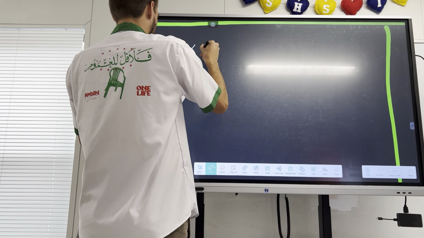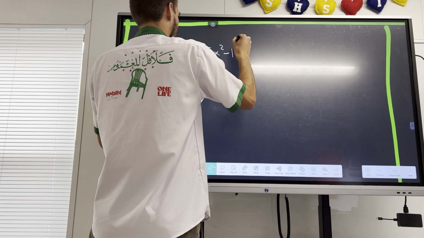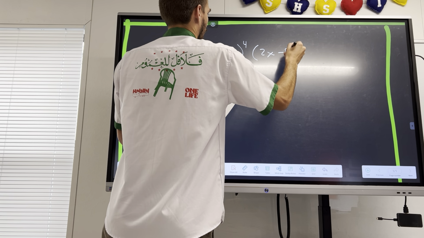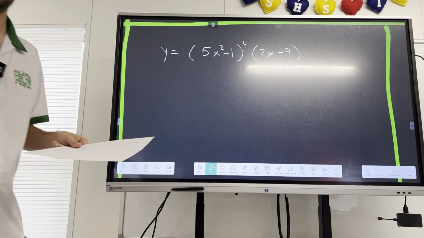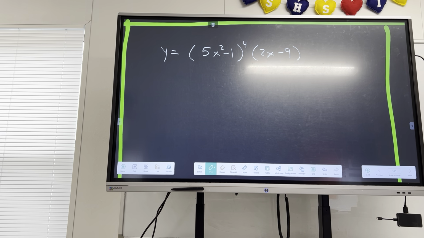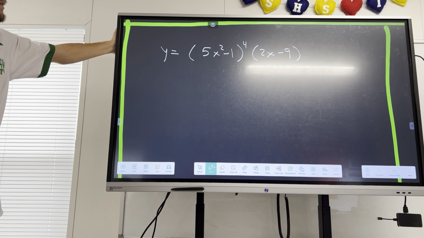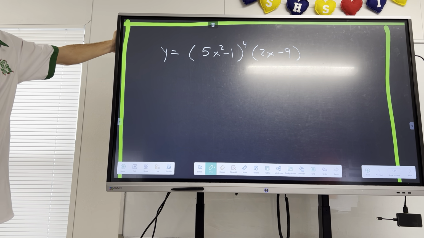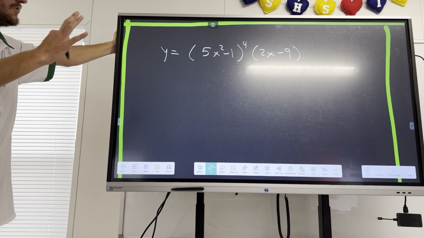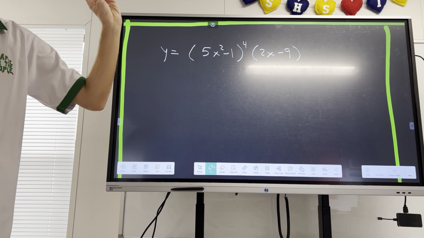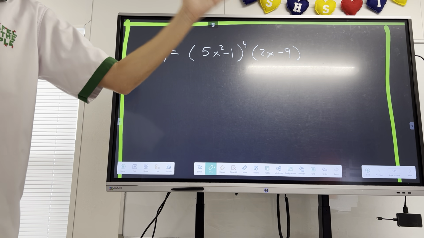So let's say we've got (5x squared minus 1) to the power 4, times (2x minus 9). Looking at this, it's a binomial. We have the first binomial 4 different times, and the second binomial only once.